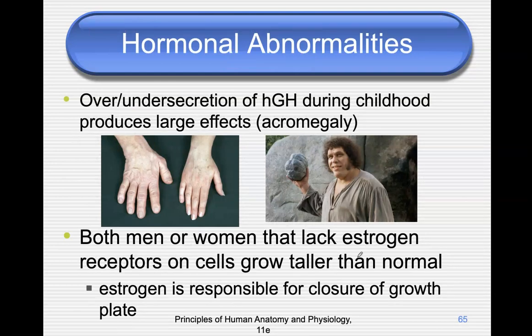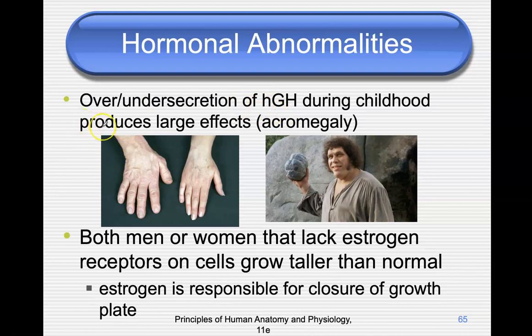Some of these hormonal abnormalities can be over or under secretion of human growth hormone. I actually know someone who has a daughter with under secretion of human growth hormone, and she has to take injections of it.